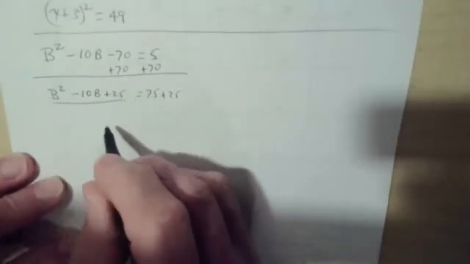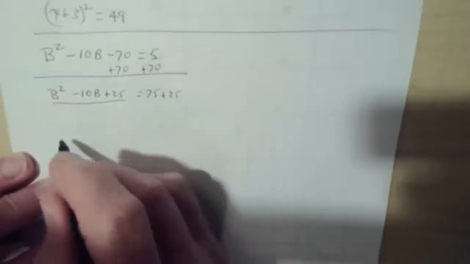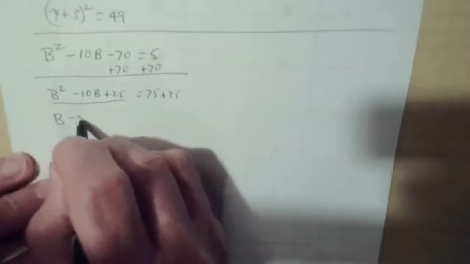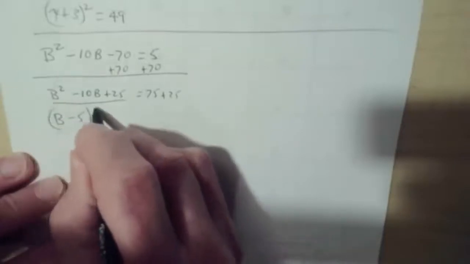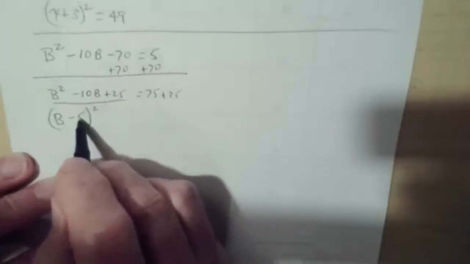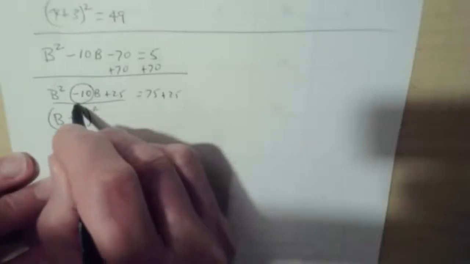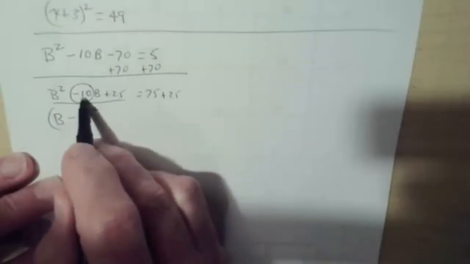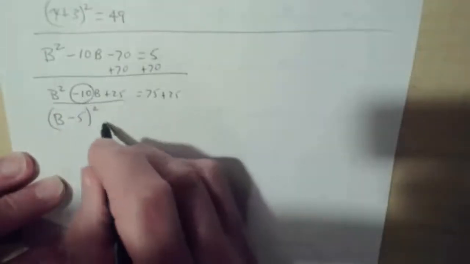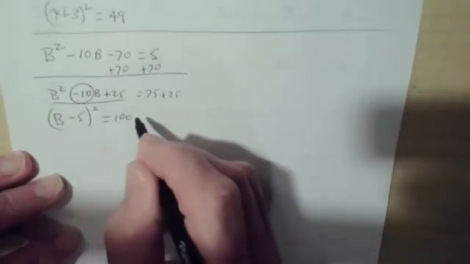So we get this. This is a perfect square, and that is b minus 5 all squared. Now to get this term right here, we take half of the linear term. Half of negative 10 is negative 5, all squared equals 100.